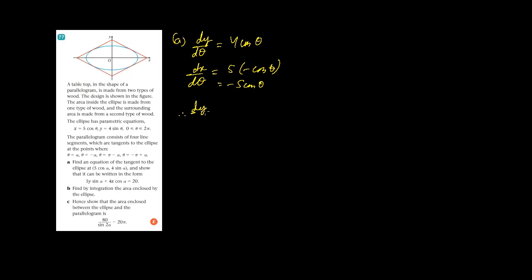So therefore dy by dx would be dy by d theta divided by dx by d theta, so 4 cos theta divided by minus 5 sine theta. The derivative of cos theta is minus sine theta, so minus 4 by 5 cos theta by sine theta.